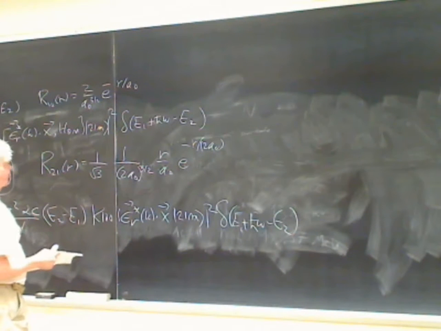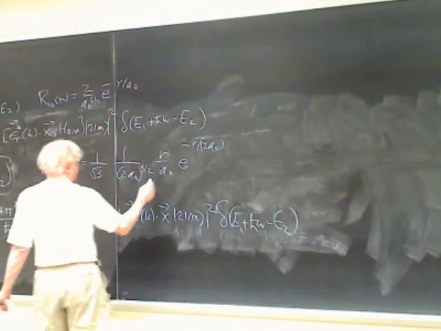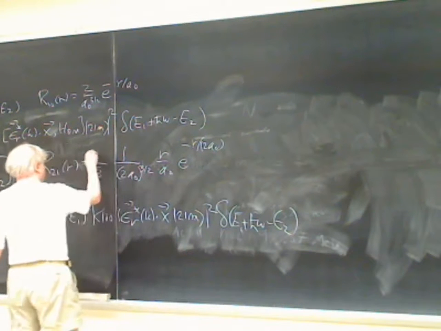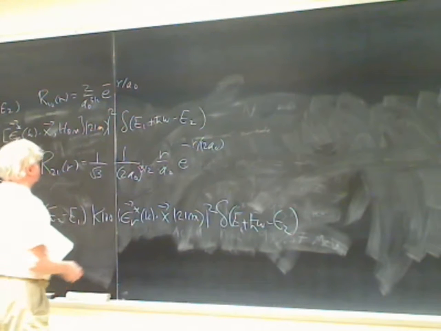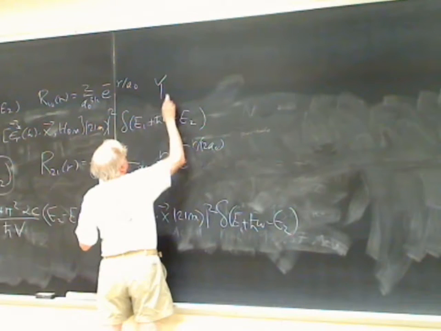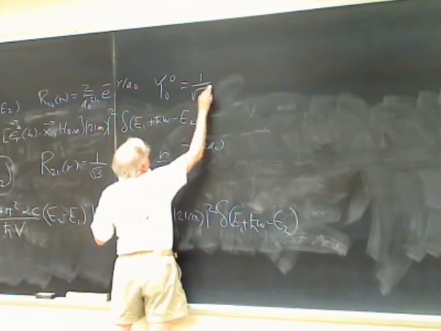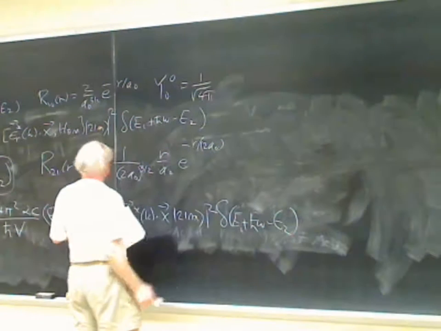I suppose it would have been more attractive to put a 2 here and a 2 there. Also, the angular part here is Y00, which is 1 over the square root of 4 pi.